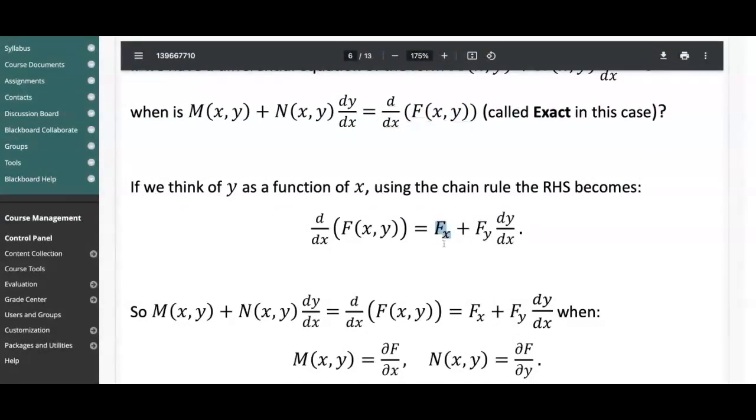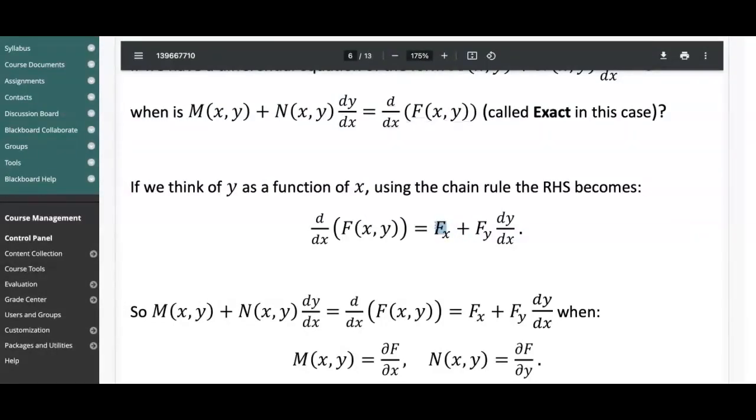So this is called partial f, partial x. What is f with a subscript of x? Then plus the partial derivative with y. Because this is taking the derivative in terms of x, we have dx over dx, and dx over dx is just 1, so we don't bother to write it.